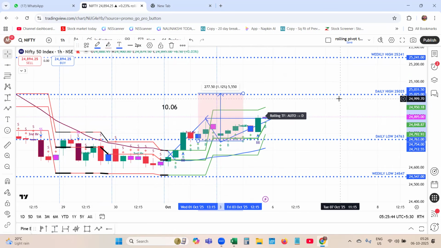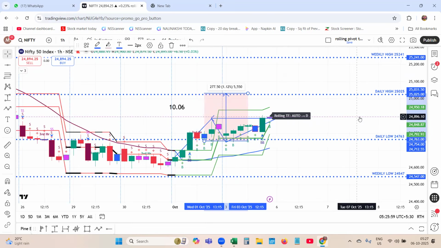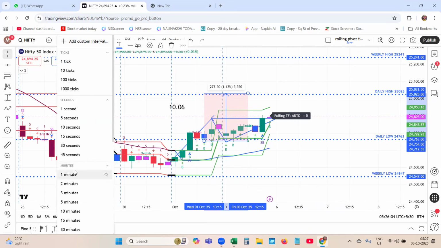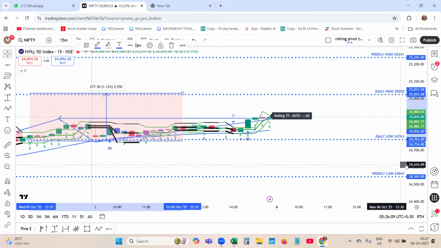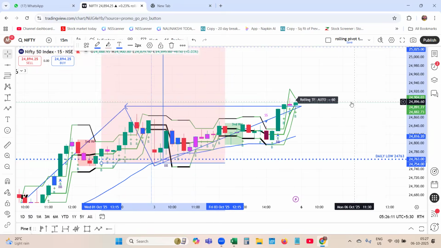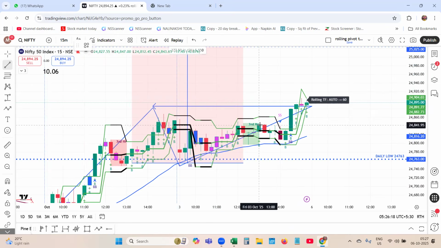The market may today try to go past this level and reach the level of 25,025. There is a possibility. And if I go to the lower time frame, 15 minutes, you see over here the last hour, the reference point for the dip.